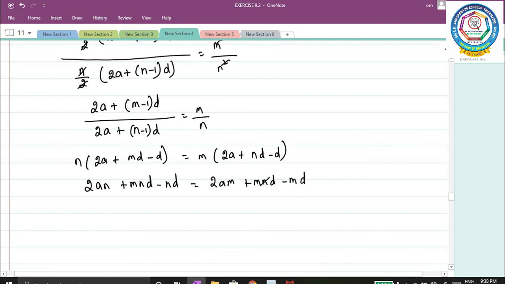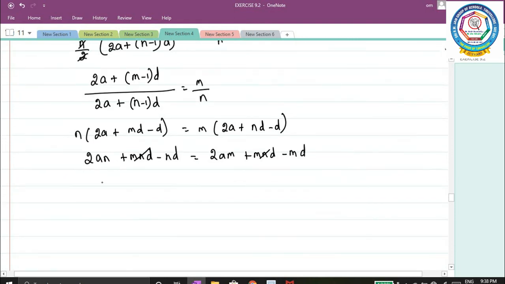Here mnd and mnd are both equal, you can cancel. So remaining 2an minus nd equal to 2am minus md. Now I am going to equate this term: 2an minus 2am equal to nd minus md.